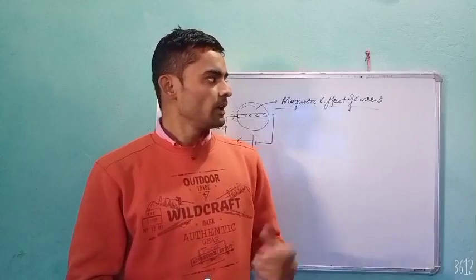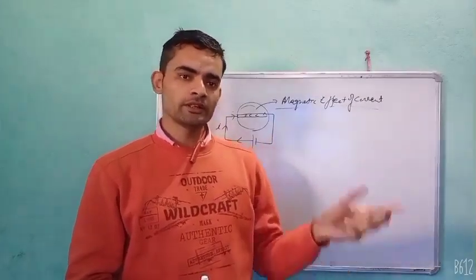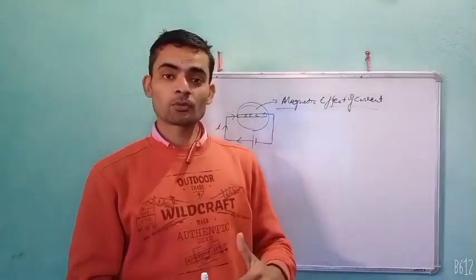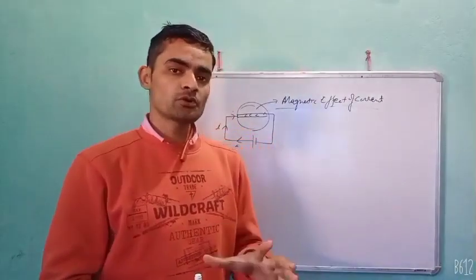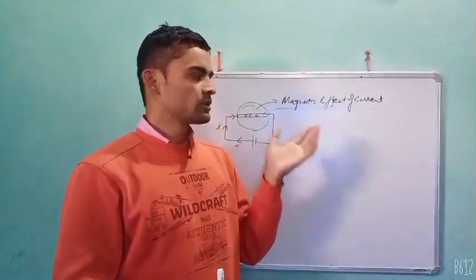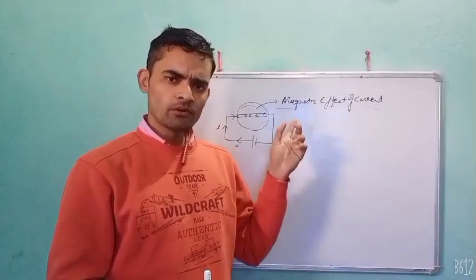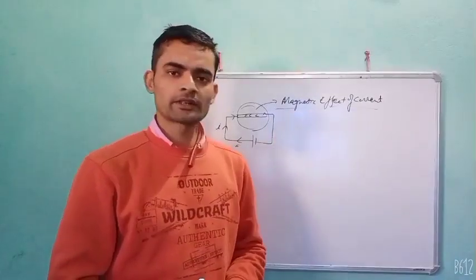First, current produces a magnetic field around the conductor, which we call the magnetic effect of current.